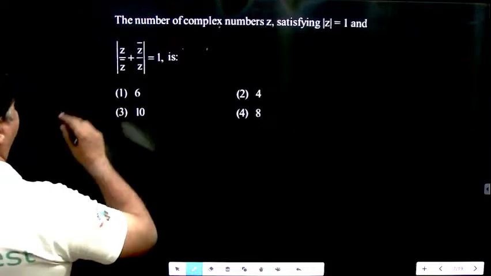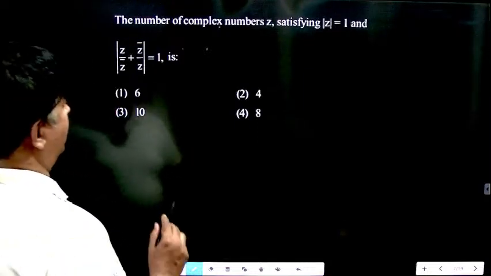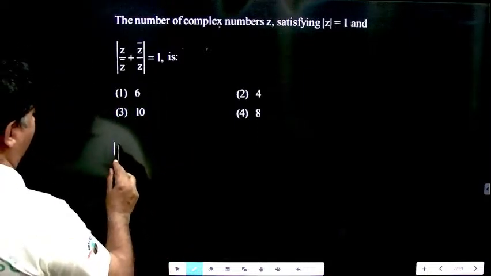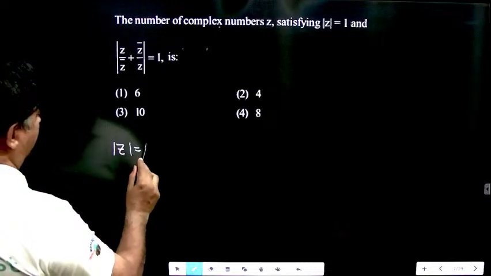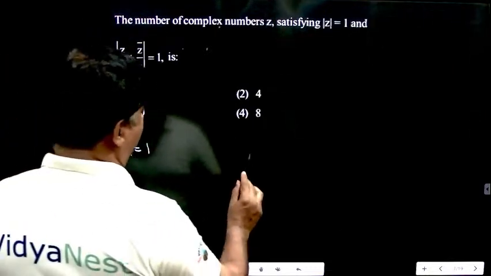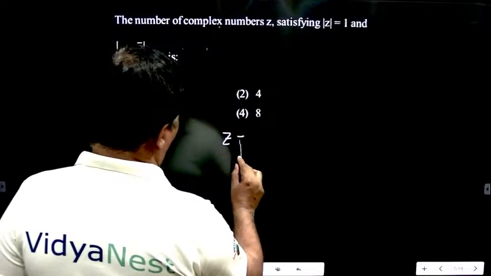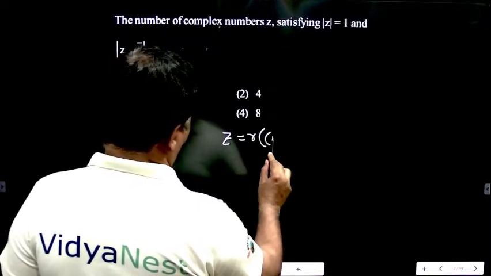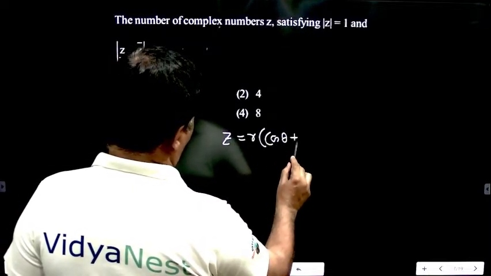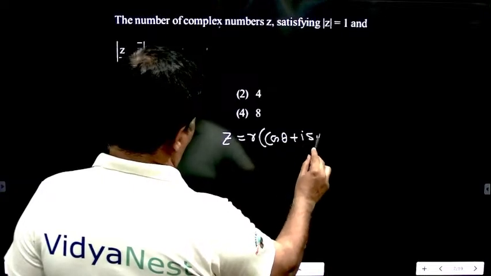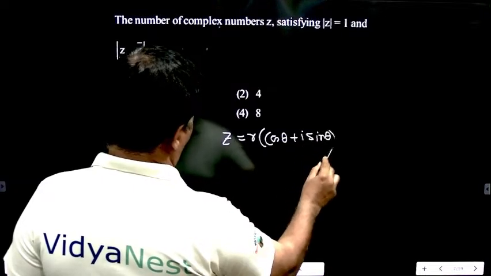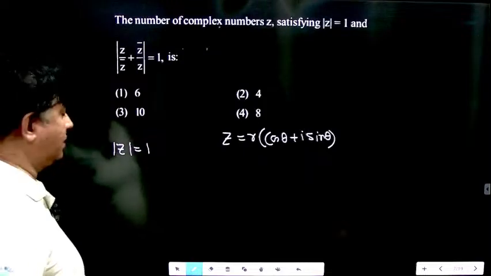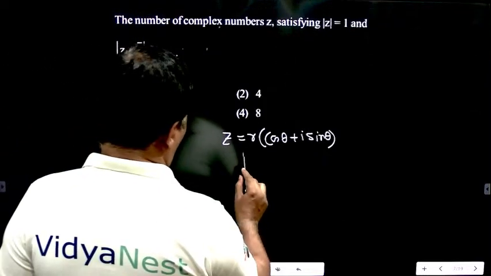First of all, you see mod z is equal to 1. Now, let us take the help of the polar form of a complex number. z is equal to r cos theta plus i sin theta, where r is mod z.